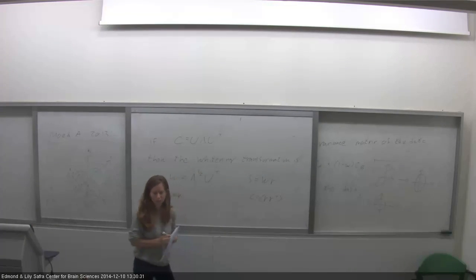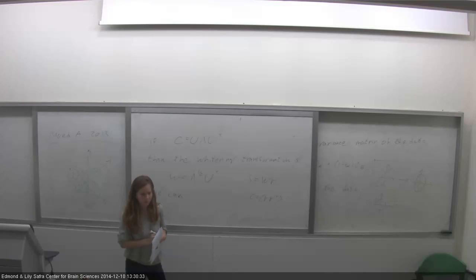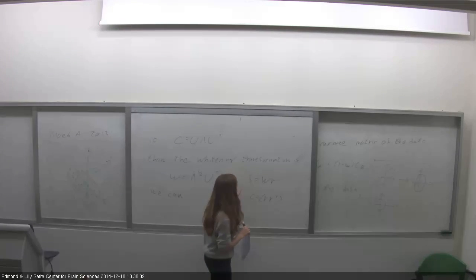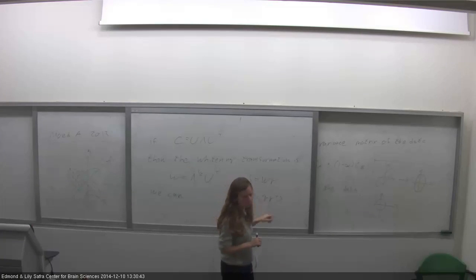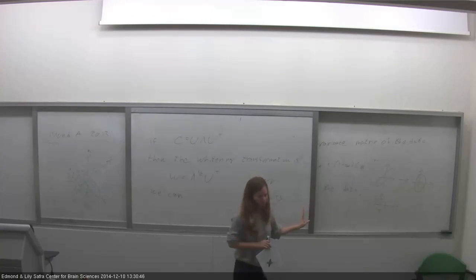Is it clear? You can just substitute it. If S is WR, then S S transpose is equal to the identity matrix.